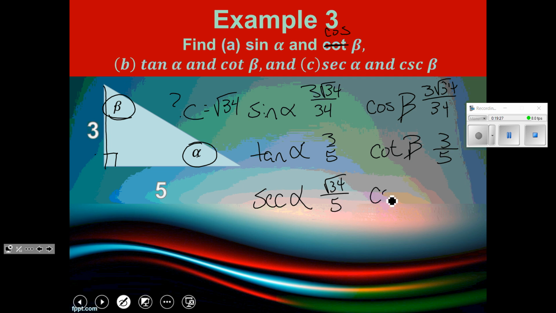Same thing with the cosecant of beta. Cosecant is reciprocal to what? Sine. Sine is opposite over hypotenuse, excuse me. So the reciprocal to that would be square root of 34 over 5. Did you follow that with me? Do you understand that it's just going to be opposite of it? Okay?